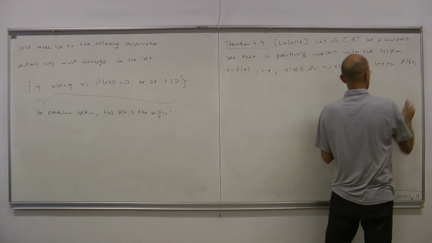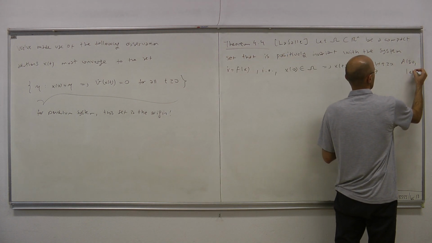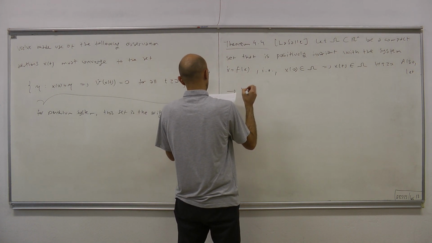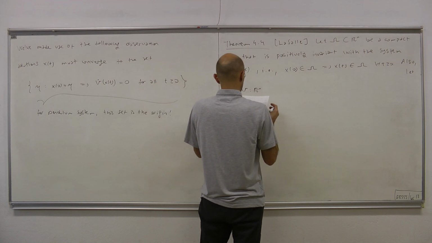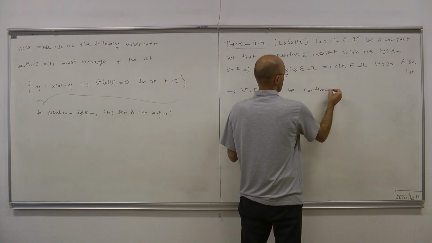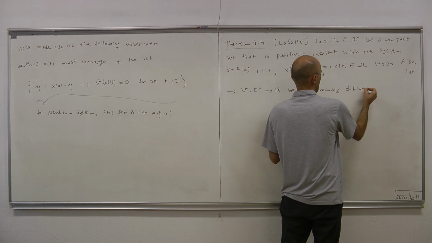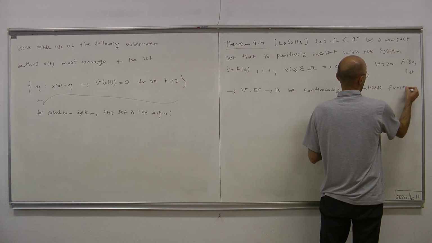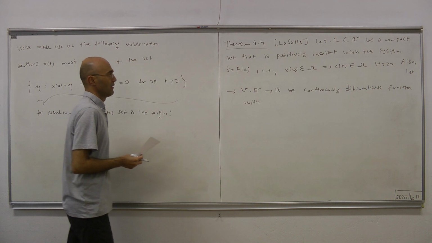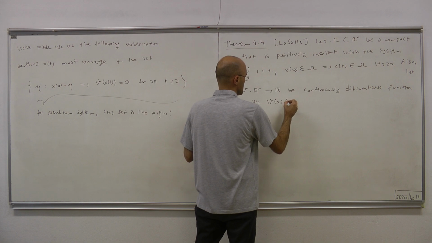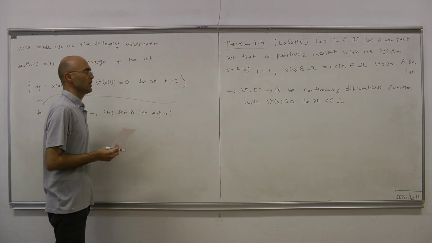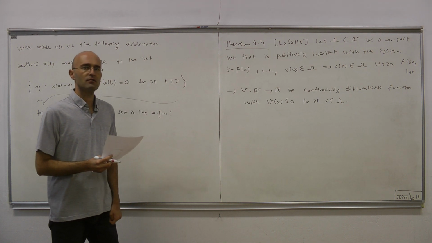Moreover, we let V be a continuously differentiable function with negative semi-definite derivative, V dot of x less than or equal to 0 for all x that belongs to our set of interest omega, the positively invariant set.